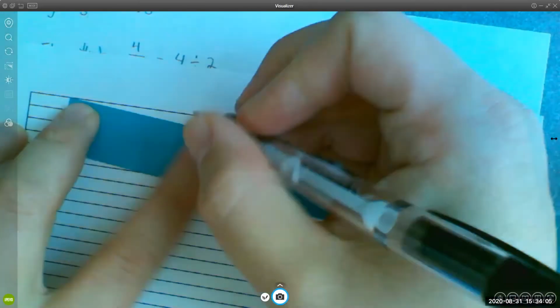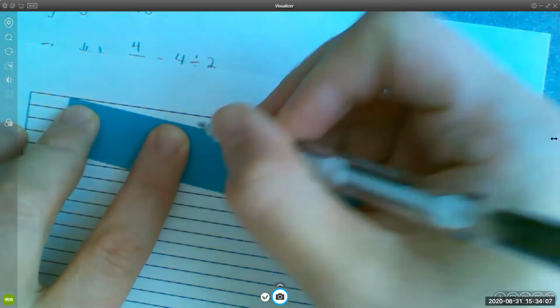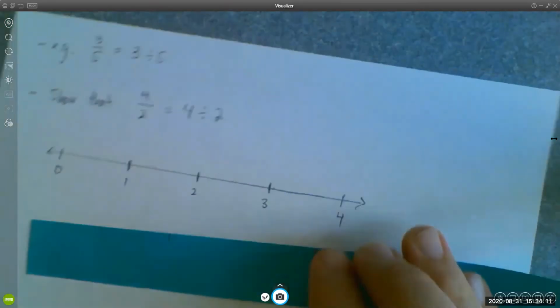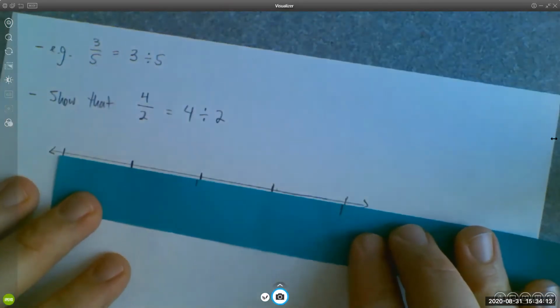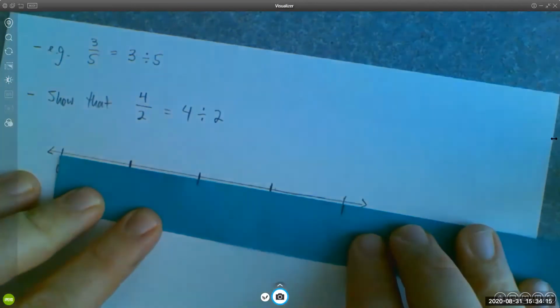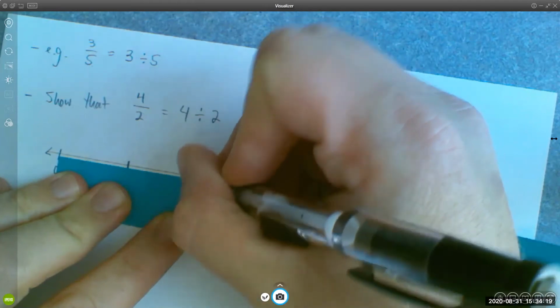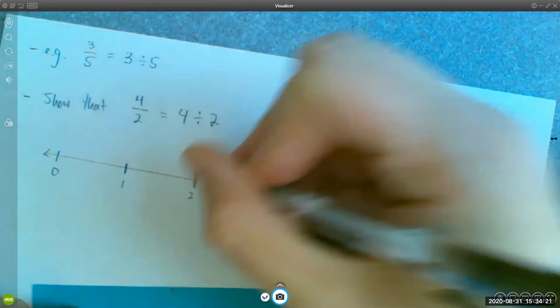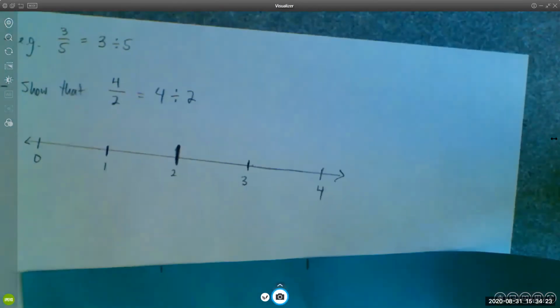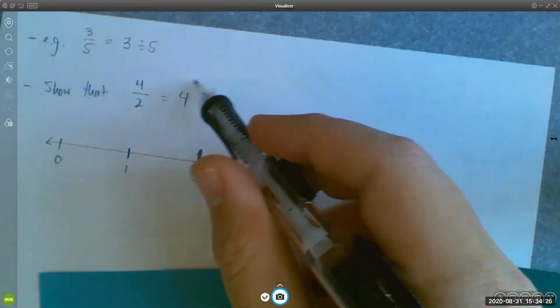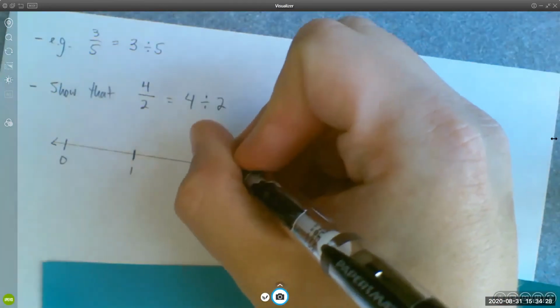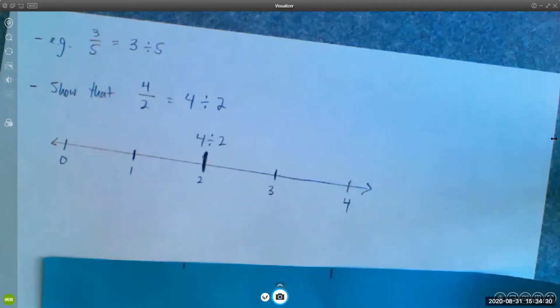And then this intersection is exactly the halfway mark. So let's see if it lands where it's supposed to. Yeah, it lands right there at 2, just like we expected. Okay, so that's 4 divided by 2, right? This is 4 divided by 2 right there.